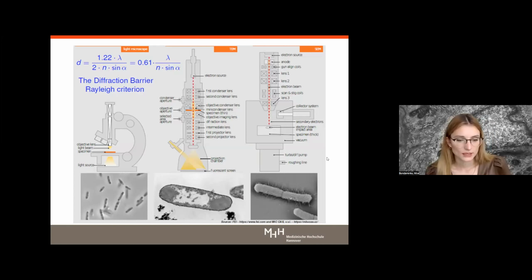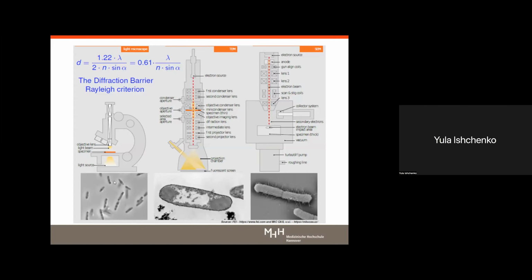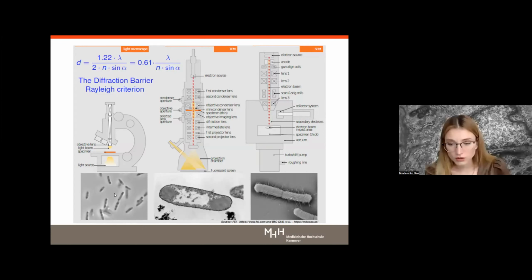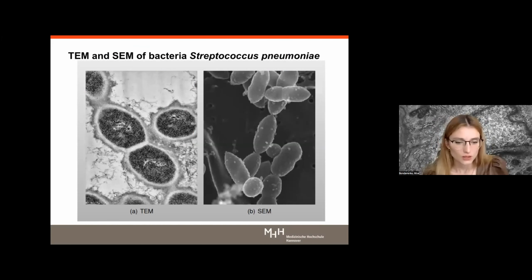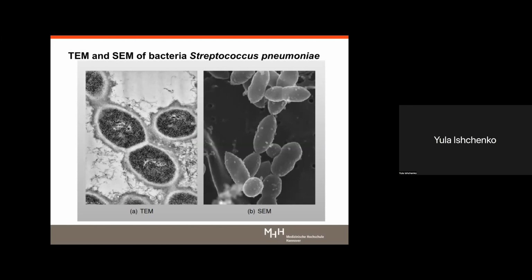So once again, if you compare them, the light microscope will show you much more detailed information and image, while scanning electron microscopy will give you much more information. This is also a comparison of TEM and SEM, just for your information.